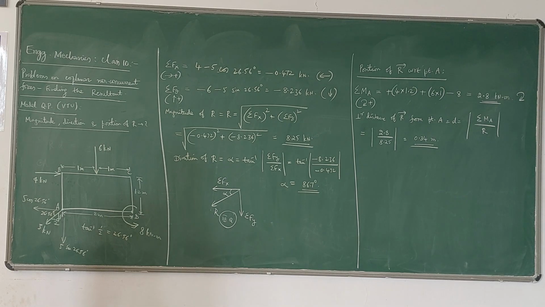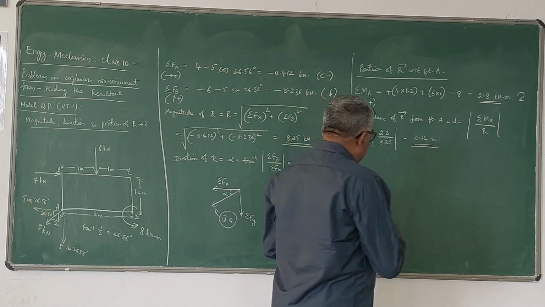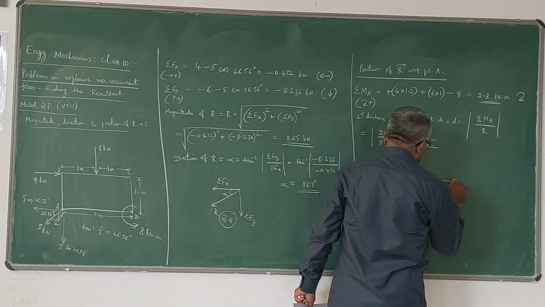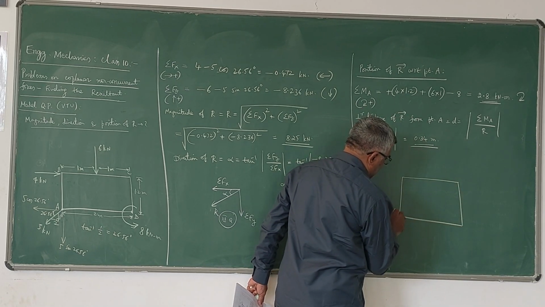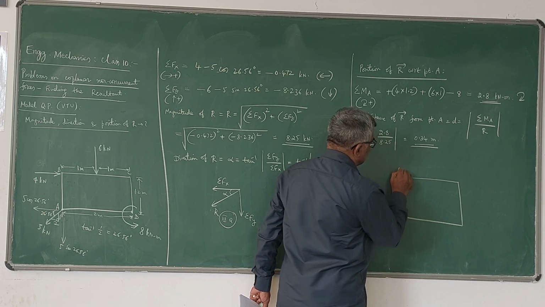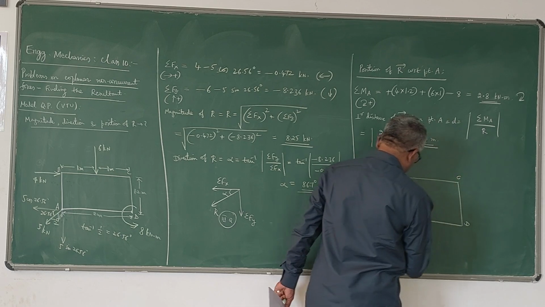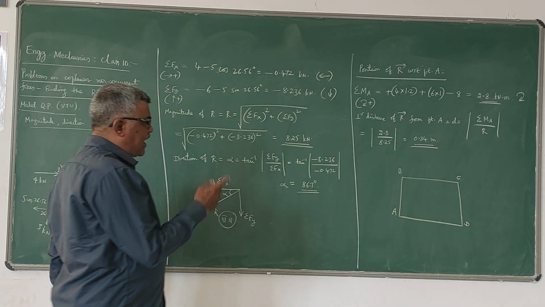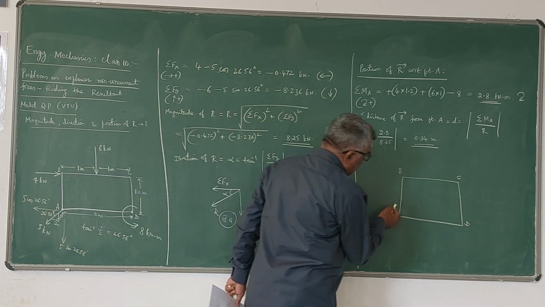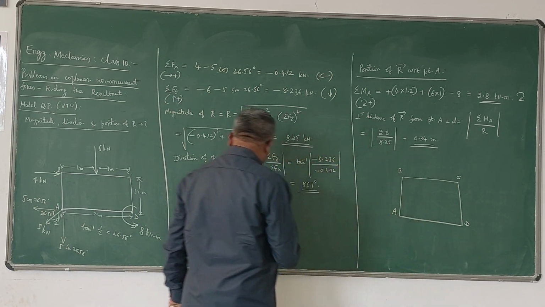Now we have to check at what position that R lies with respect to point A. This distance is very important because now you know the perpendicular distance from the point A to the resultant. Now the question is whether that R acts above this point A or below this point A. Now you know the direction also.